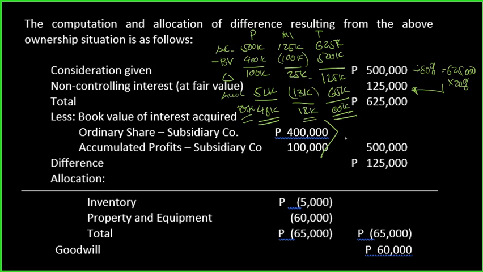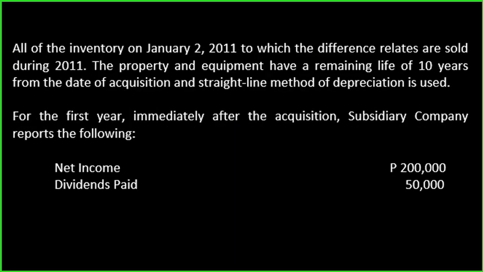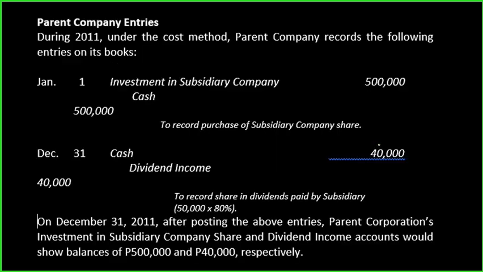Okay, so first things first. If these are the results of operation of the subsidiary, 250, kabisado na natin yan. What will be the entries found in the books of the parent to record the acquisition? That will be 500. Ito, pakitaas na lang dito, 500,000. And for the dividends received, ay bakit 40 lang?